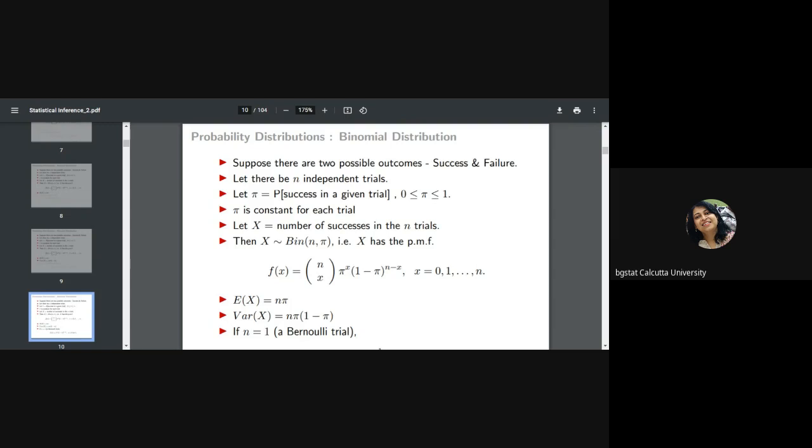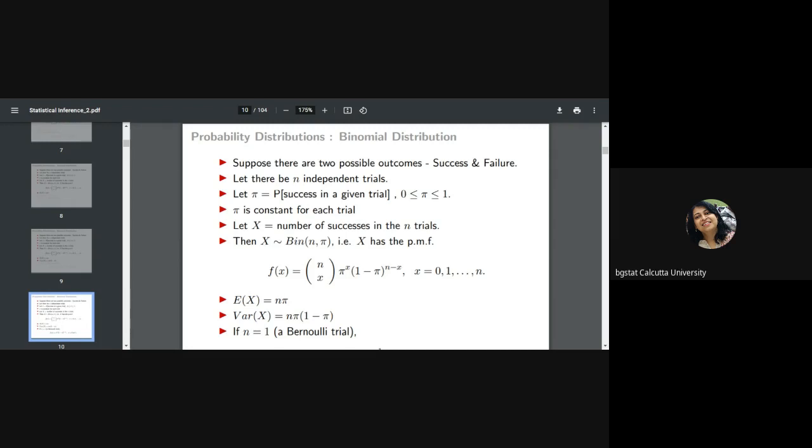So this is my experiment of interest. I have to define some parameter and I have to define some random variable. I said that we usually use Greek notation to denote parameters. Anything related to the population, we typically use Greek notation for this.